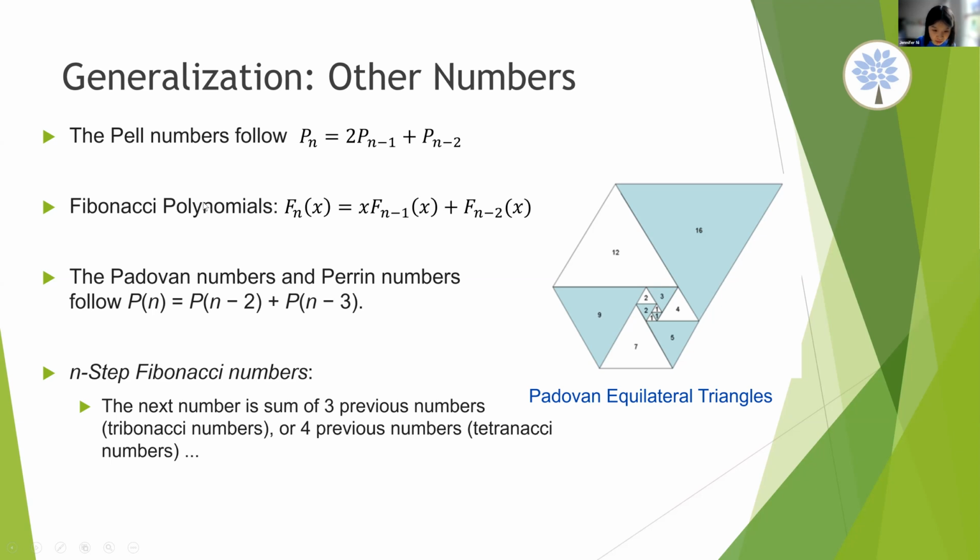The Fibonacci polynomials are an extension of the Fibonacci sequence with polynomials, where Fn of x equals x times Fn minus 1 of x plus Fn minus 2 of x. Padovan numbers follow P of n equals P of n minus 2 plus P of n minus 3. And similar to the Fibonacci and Lucas numbers, the Padovan numbers can be shown geometrically with equilateral triangles.